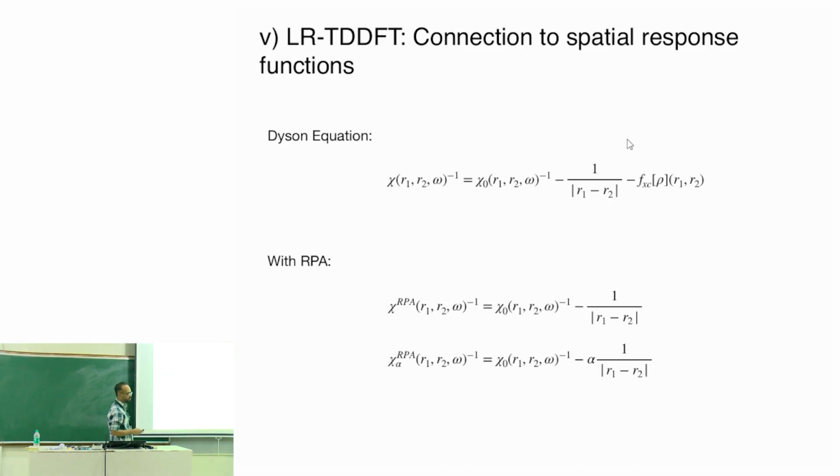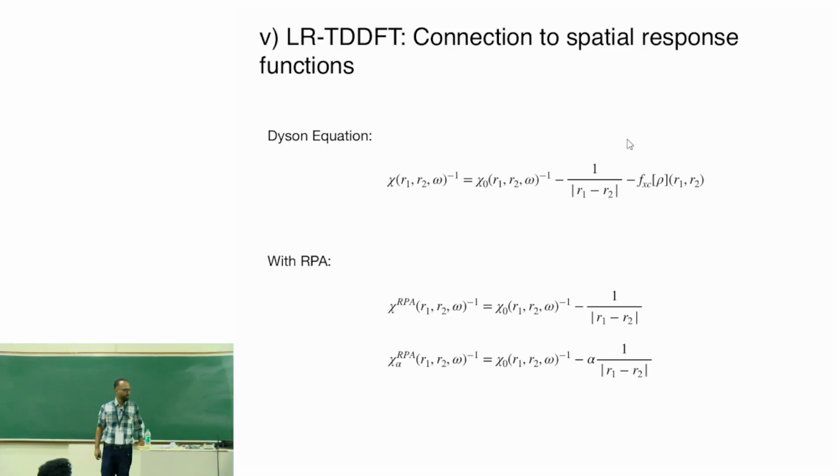It's a second order derivative with respect to the density, it is a density functional. Only for Hartree it will vanish.